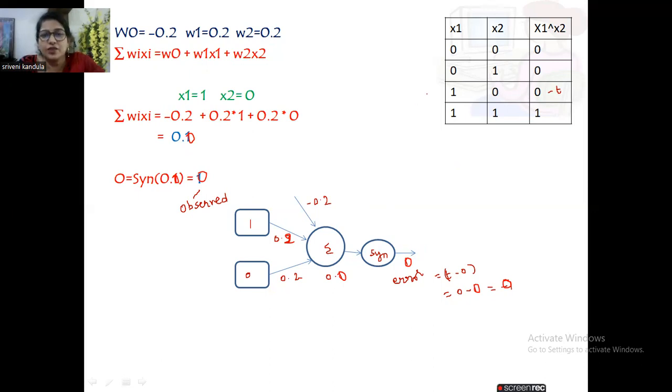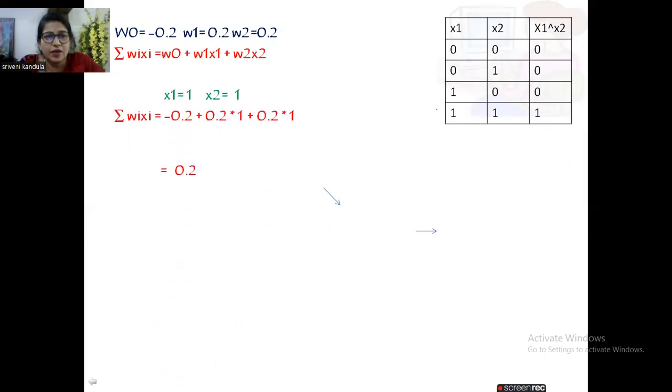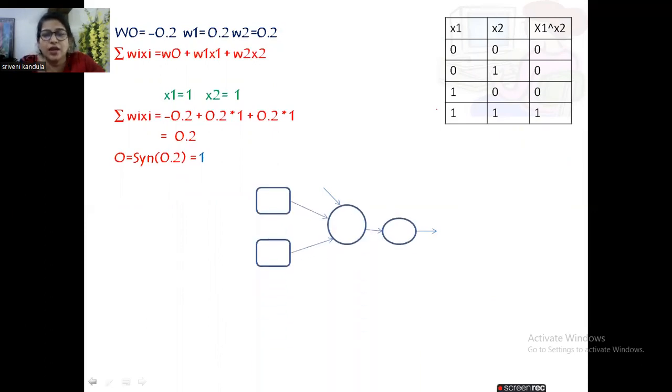So now let us try for the next set of inputs, that is 1, 1. Again, if you compute sigma WiXi, the value is 0.2 and the output that we have obtained is 1. So this is our observed output and the target is also 1. So both are matched for the set of inputs 1, 1.